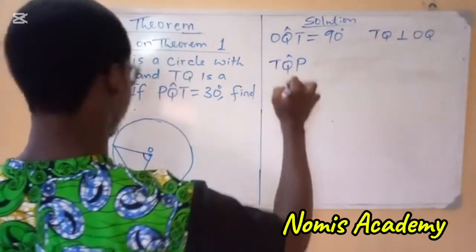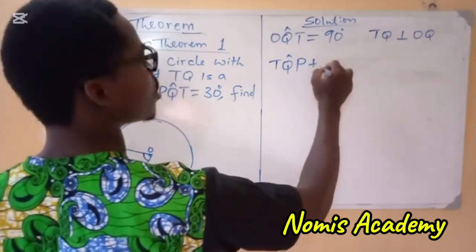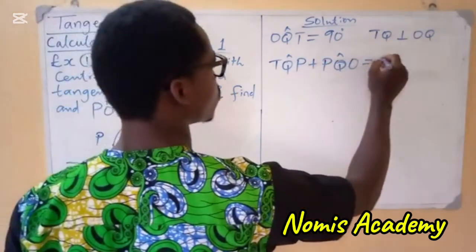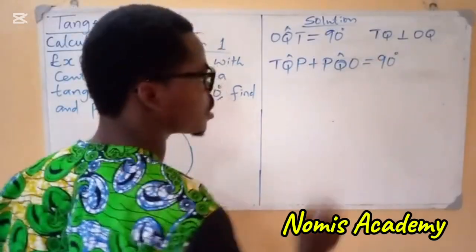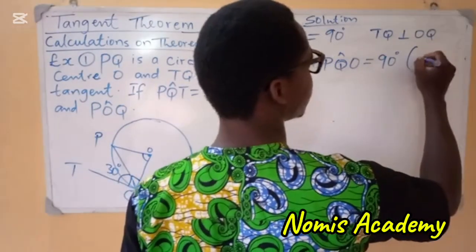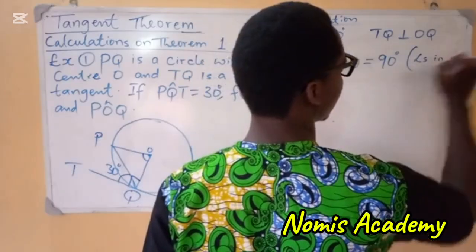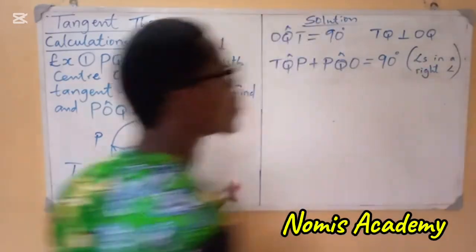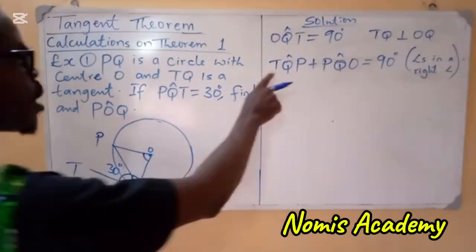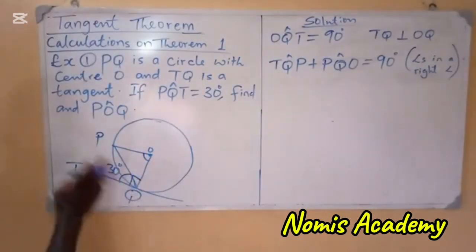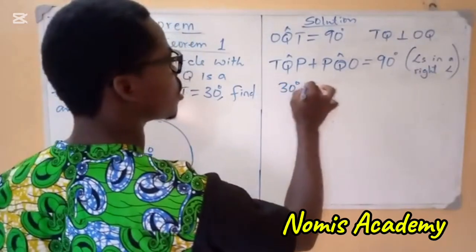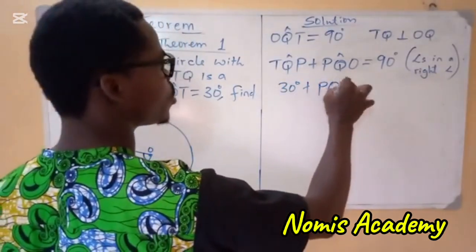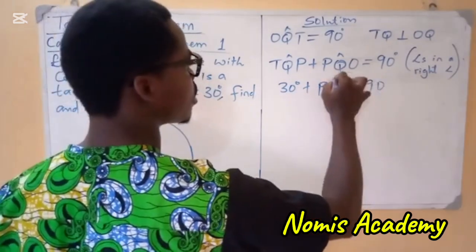To find PQO, we have TQP plus PQO is equal to 90 degrees, angles in a right angle. Now TQP is 30 degrees, plus this particular angle that we are looking for, PQO, equals 90.